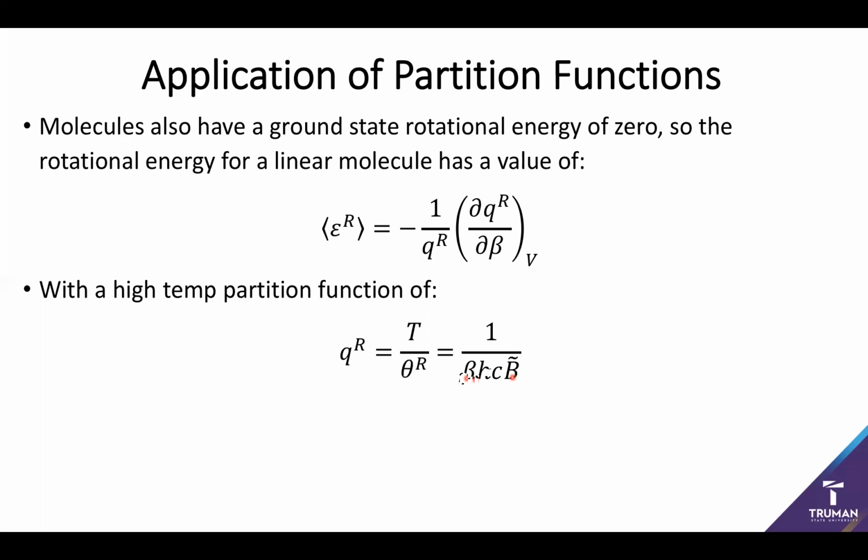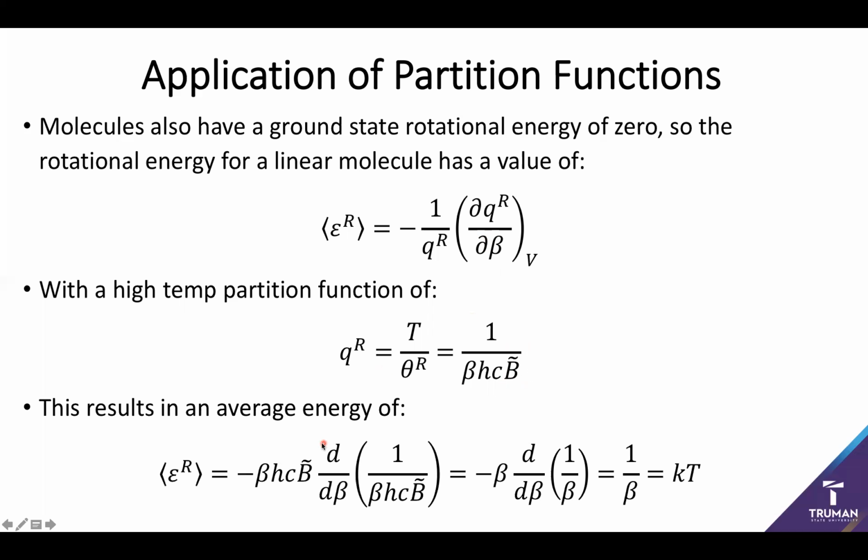However, one of the things we can then do is take this partition function and put it into our expression. So since we have -1 over the partition function, all of these variables essentially pop up into the numerator. And then all I'm left with is the derivative of 1 over beta times the rotational constant.